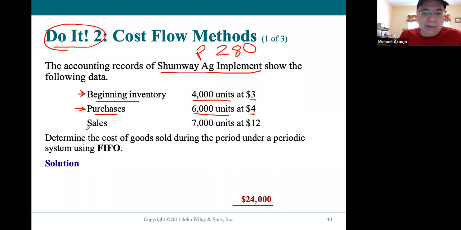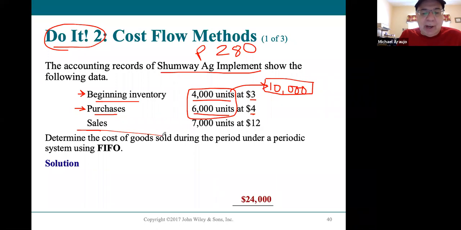We need to know the total amount of goods for sale, right? And so we have a total of 10,000 units that were available for sale. Does everyone understand that piece? Okay. 10,000 units is the total available for sale.